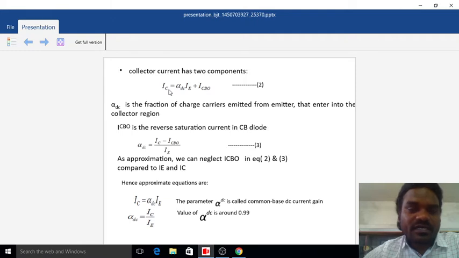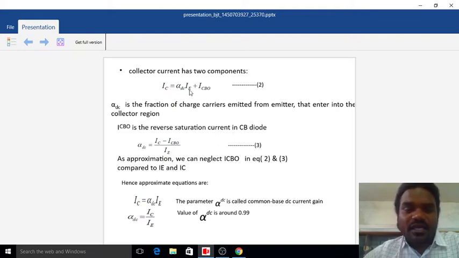Here the entering current is only the emitter current and the leaving currents are the base current and the collector current, so that we can write IE is equals to IC plus IB. If IB is very small, in microamps, we can neglect that one, and if ICBO can be neglected, then alpha DC is equals to IC by IE.